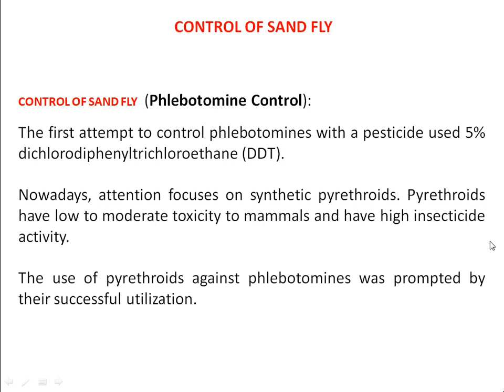As far as the control of sandflies or phlebotomine flies is concerned, the first attempt to control these flies used pesticides, about 5% dichlorodiphenyl trichloroethane, that is DDT, the first used insecticide.